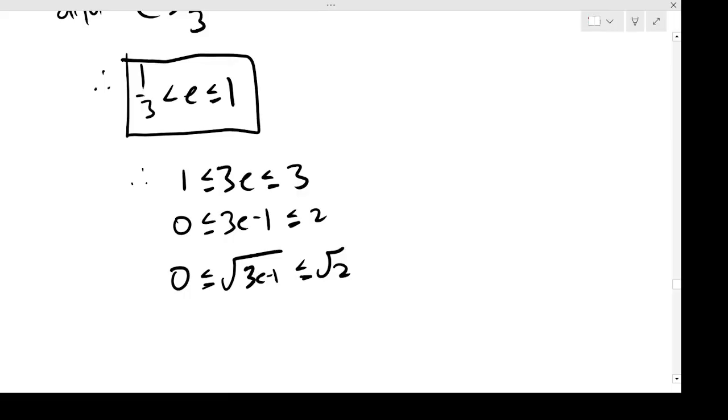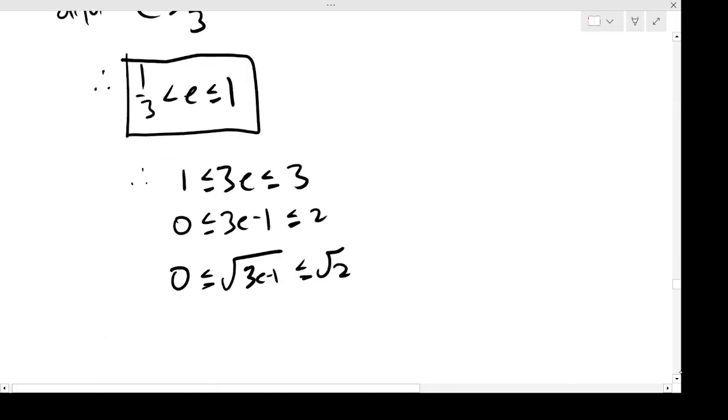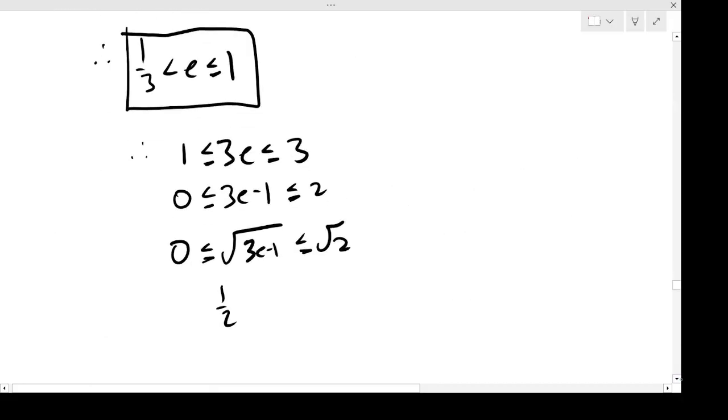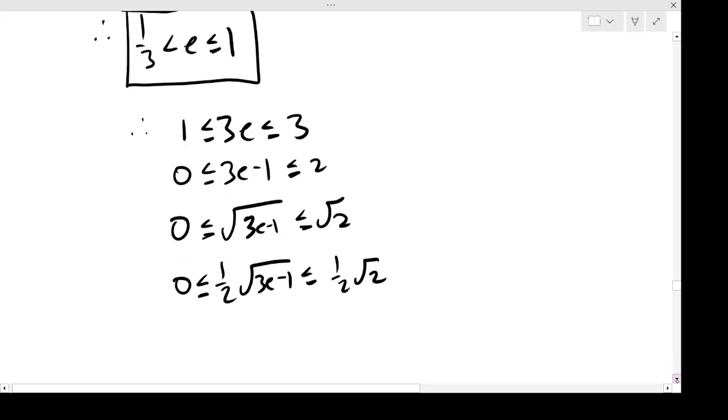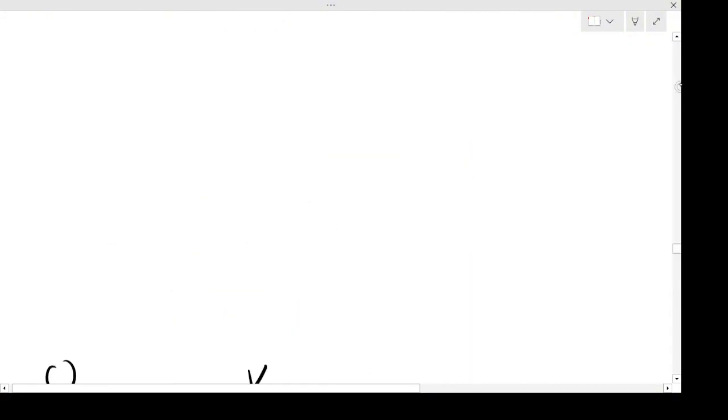Hopefully with me so far. And so the last thing I need to do to match this expression is to times by half, right? So lastly, if we multiply everything by half, I get 0 and a half root 2. And so that's tan alpha. So therefore, that is exactly the expression for tan alpha. So tan alpha is between 0 and root 2 over 2. Okay. And that should be the inequality they've got.